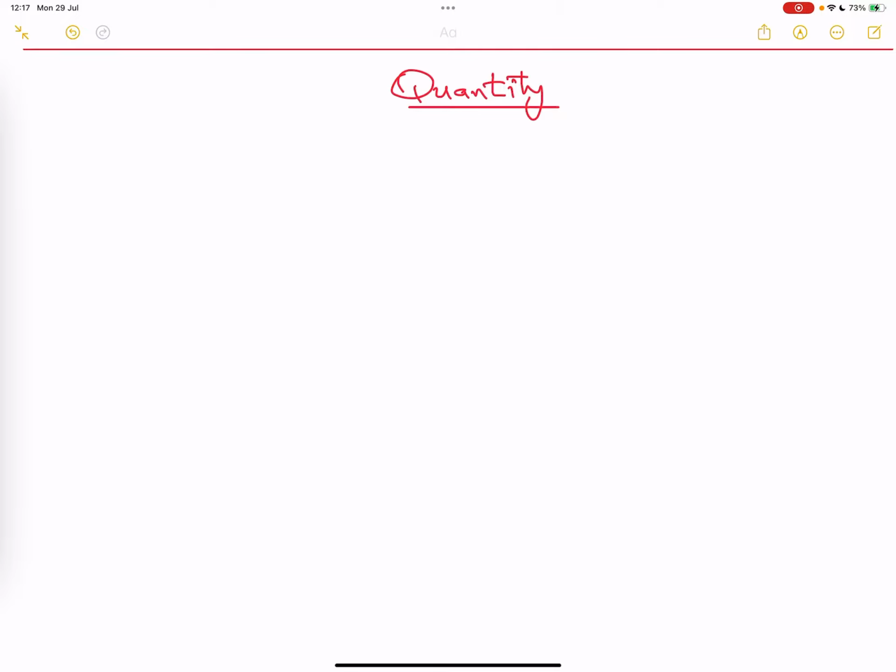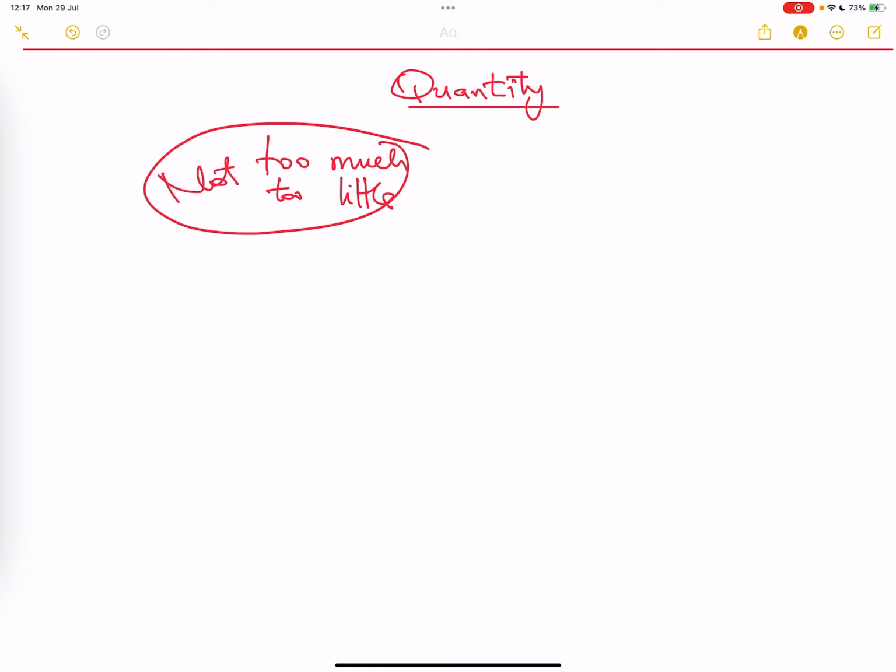And why is it so much of a topic? The reason is because we don't want to have too much quantity and we don't want to have too little. So we want to have the best quantity, not too much, not too little.